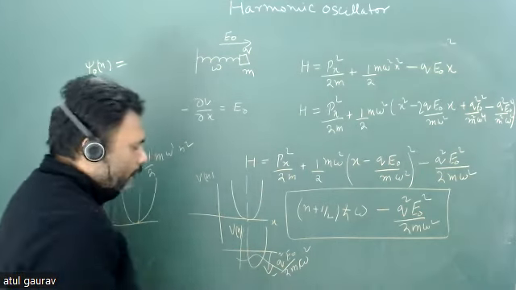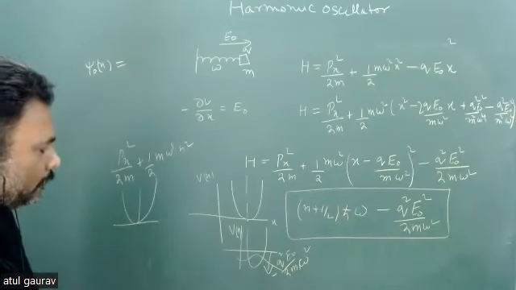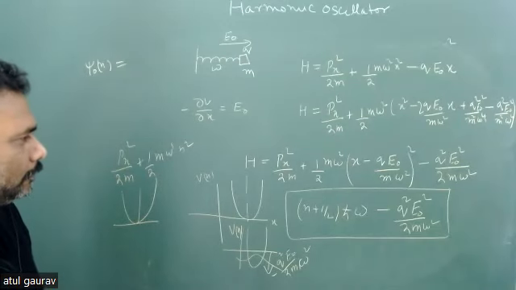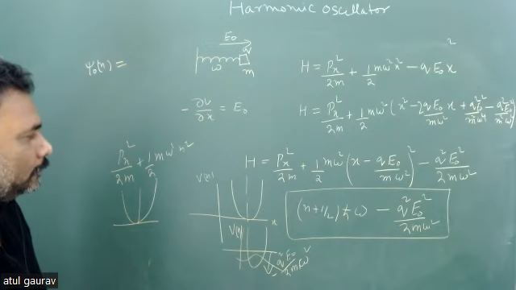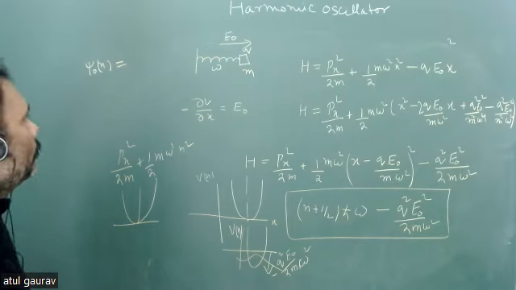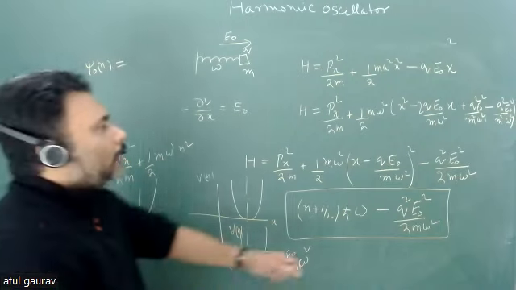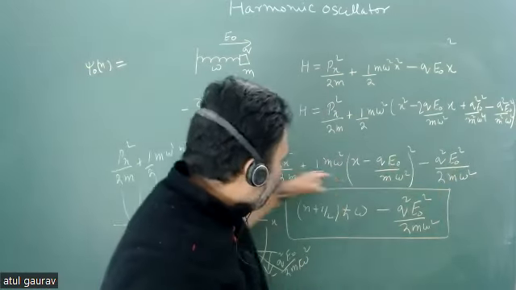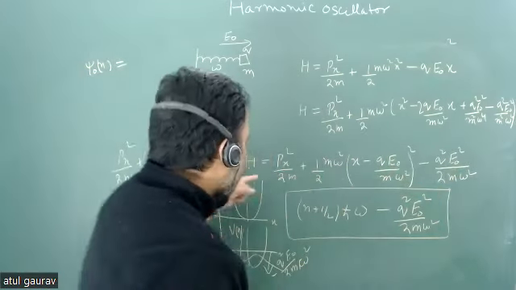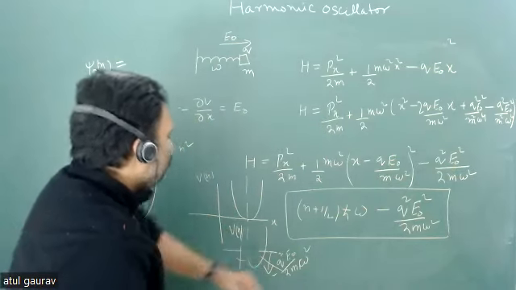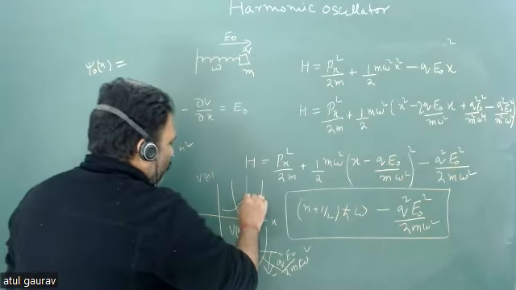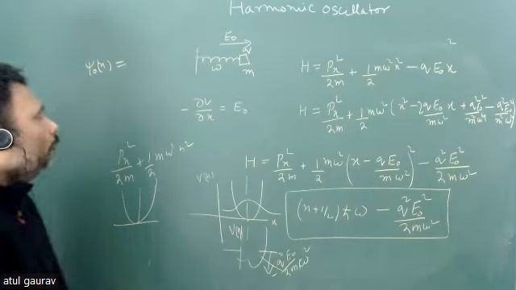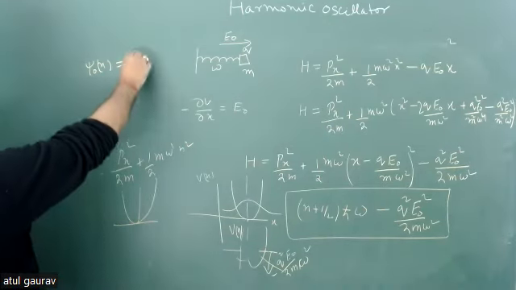Something like this, isn't it? Yes. So चलो इसको रहने दो, इसको हम छोड़ देते हैं. If this is your potential, what will be your ground state energy? इसको रहने दो. This will be little bit maybe complicated. What will be ground state eigenfunction?